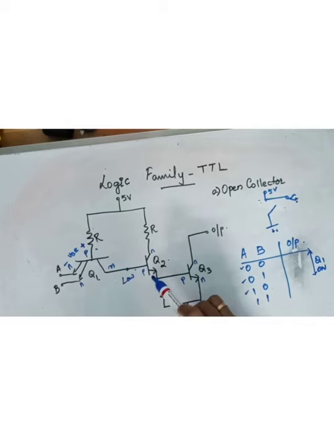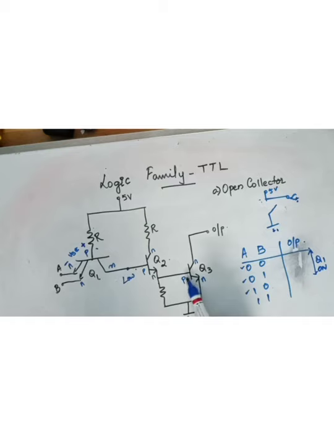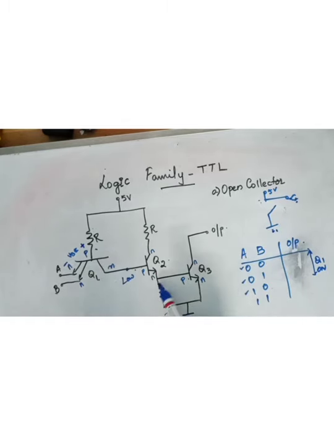So in order to make Q2 on, the base should be more positive than the emitter. But the base itself is at a low voltage. So this is off. This is off means the voltage at P will be a low voltage. So Q3 is also off.